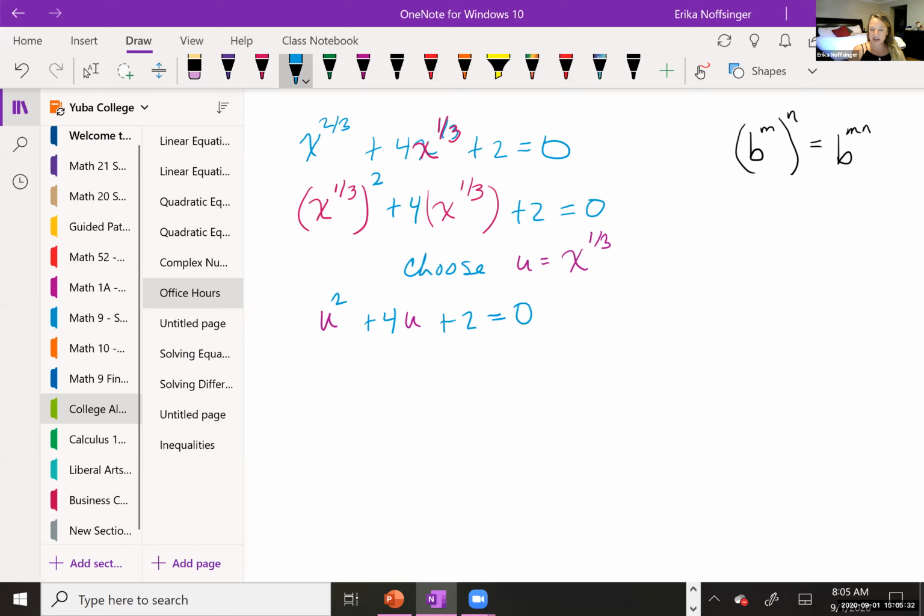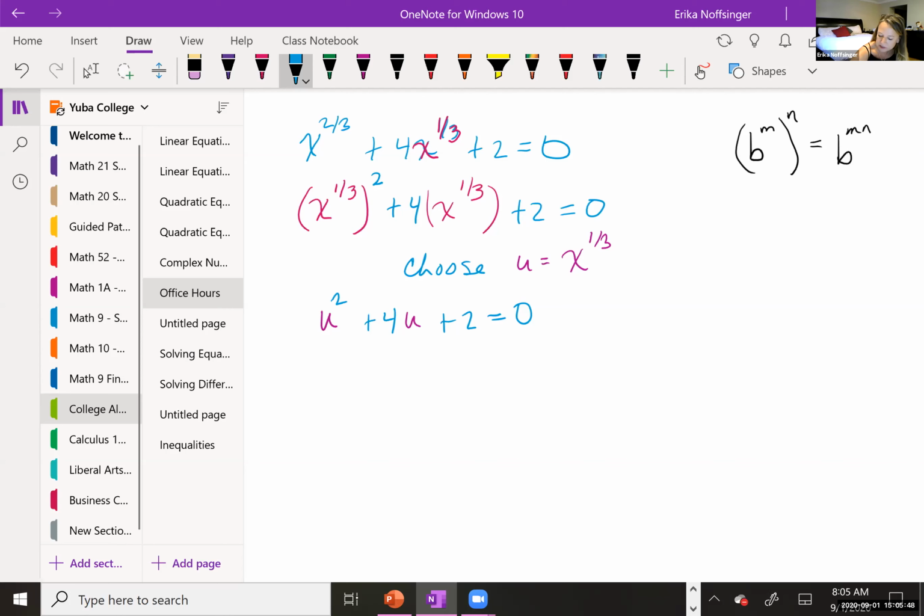So it's a quadratic. Now I would try to first factor it, but there's no two numbers that multiply to give you 2 and add to give you 4. And so I could complete the square, but I would prefer to use the quadratic formula.